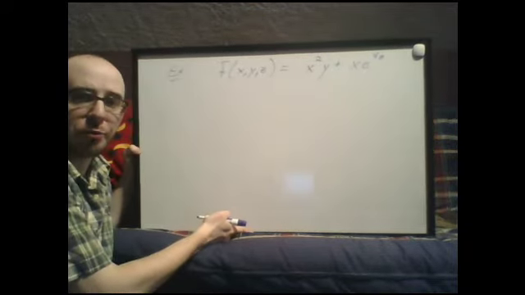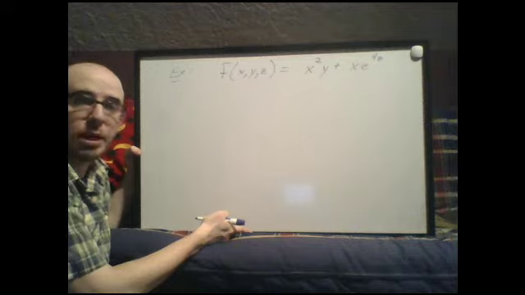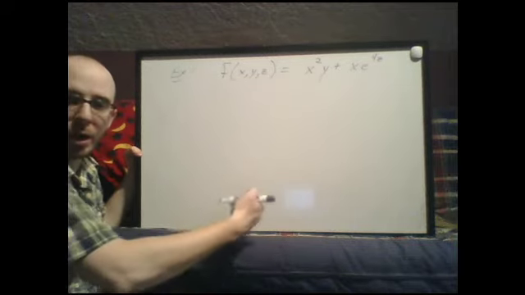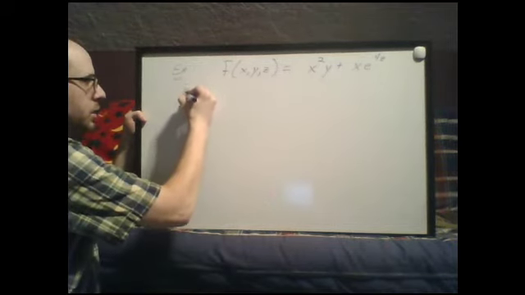All right, so now I have three variables, x, y, and z. So there are three different partial derivatives. One for x, one for y, and one for z. So let's do each of them.